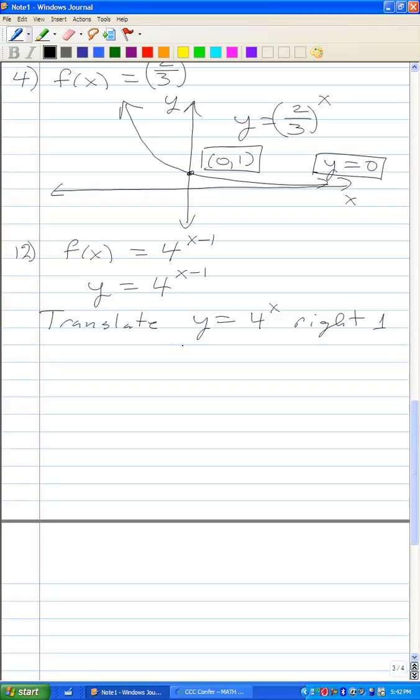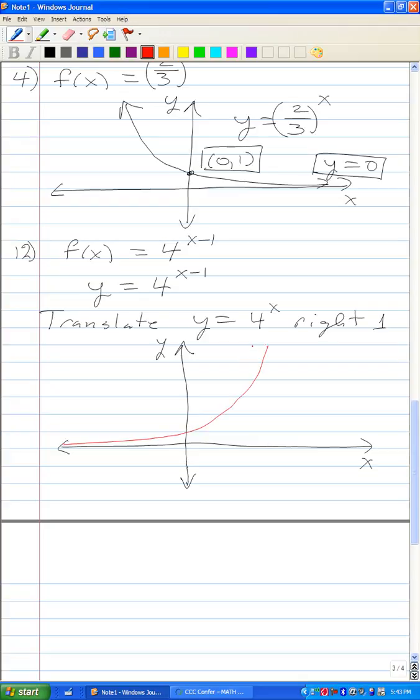Okay, so let's do this. Maybe I'll graph y equal f of x. I'll graph y equal 4 to the x.